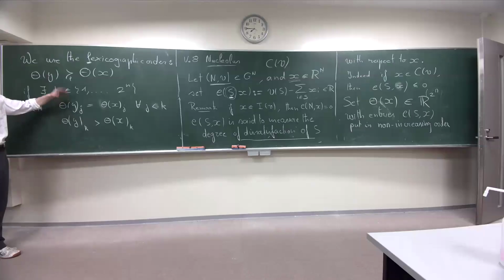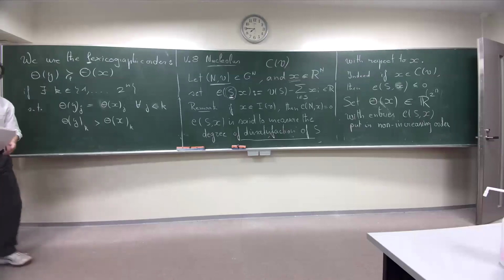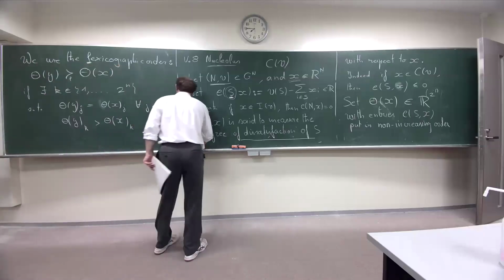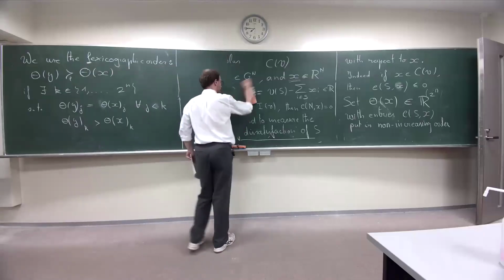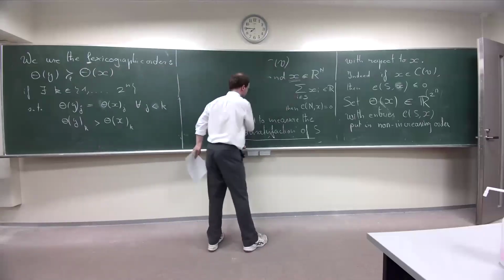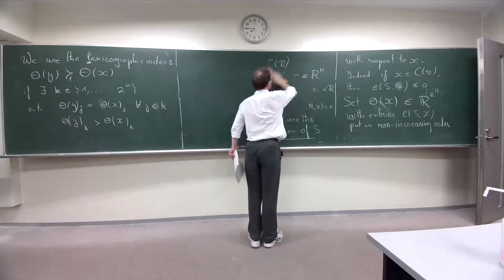So you can test what it means in R^3, for example, compare 2 vectors with this lexicographic order. It's something which is very useful. It's a way to compare vectors in R^n or R^(2^n).